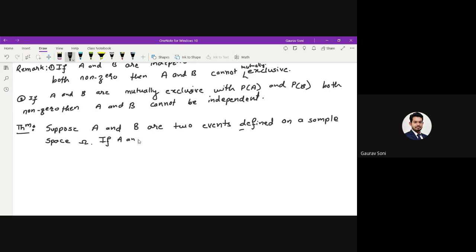If A and B are independent events, then first, A and B complement are independent.